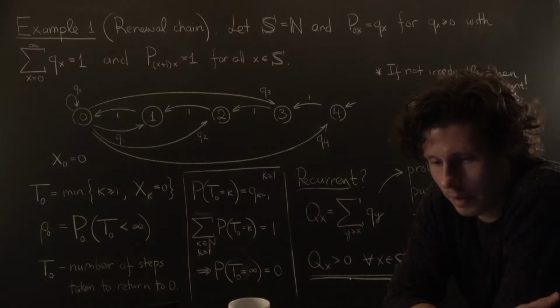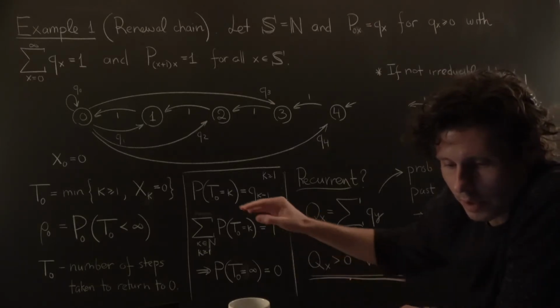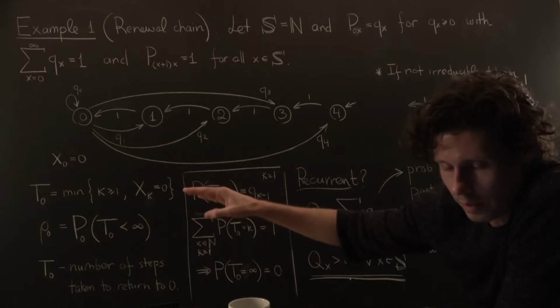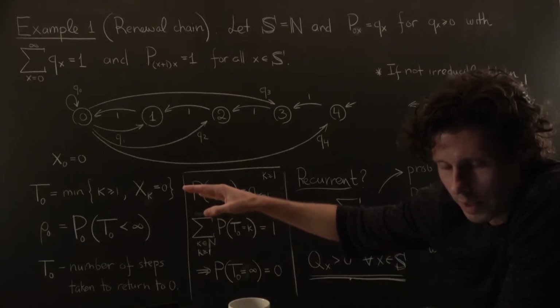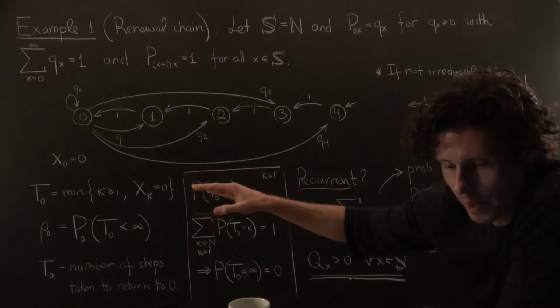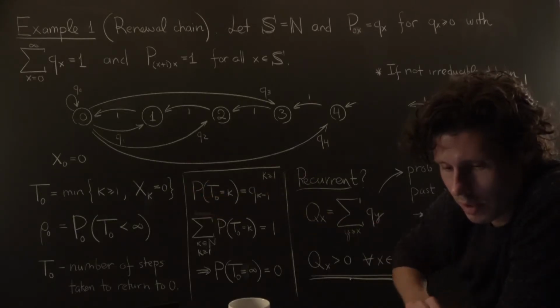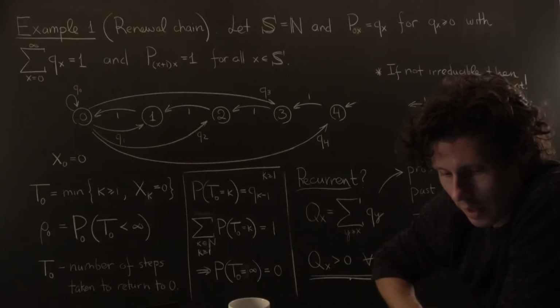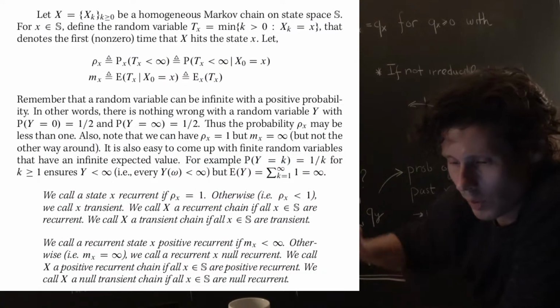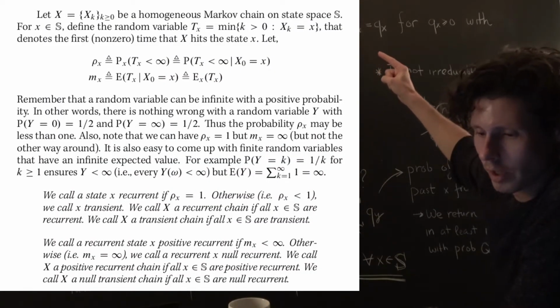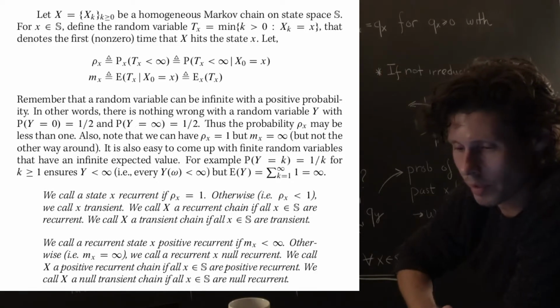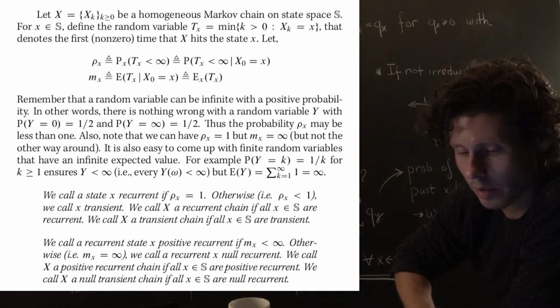Hopefully that's kind of clear. And so the variable that is relevant for me is t naught, the first time that the chain enters state 0. And notice I've slightly tweaked my definition, not just to show that it can be written differently. It's the same definition. Before I was taking the minimum over k strictly greater than 0.